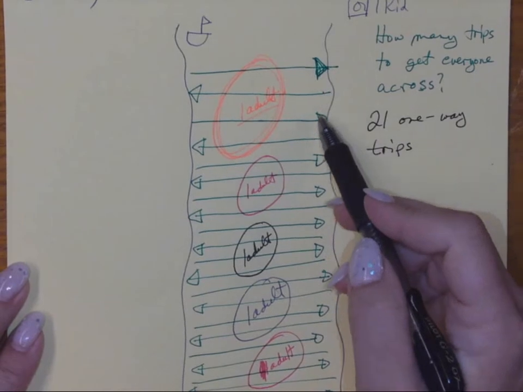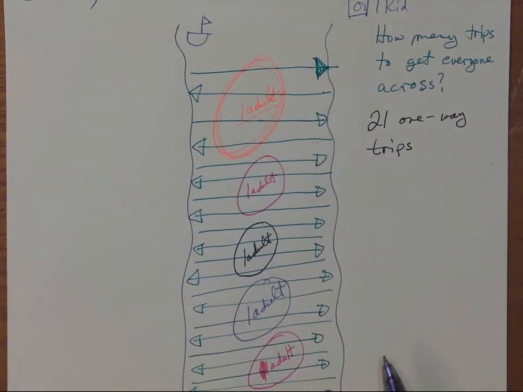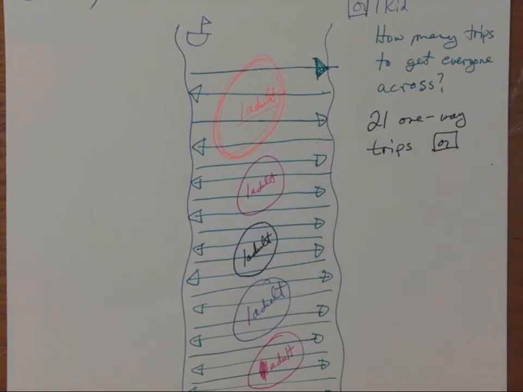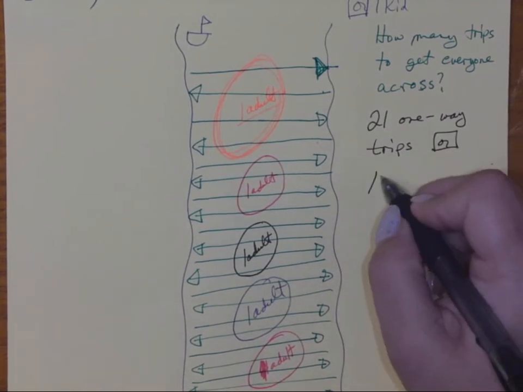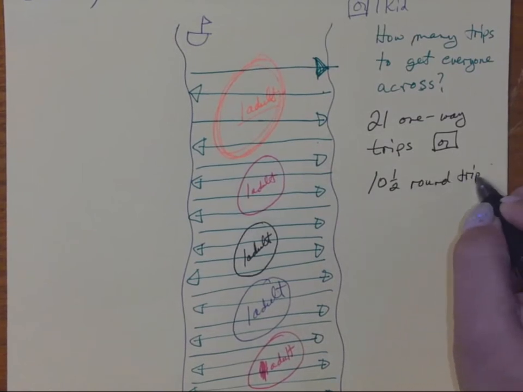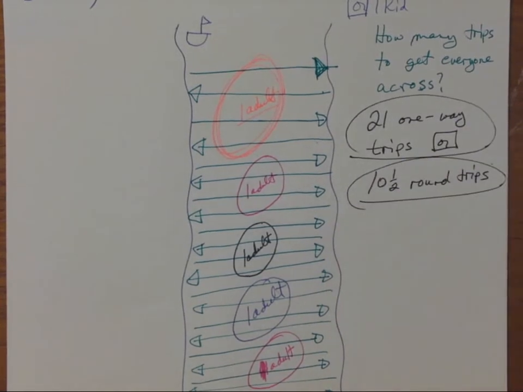Right? 1, 2, 3, 4, and so on. 21 one-way trips, or if I count 2 one-way trips as a round trip, it would be 10.5 round trips, if you want to think of it that way. I don't care which way you think about it. That's just a bit of what's going on there.